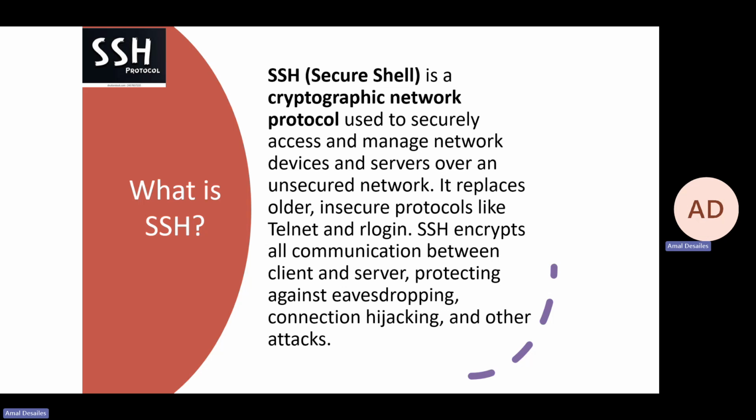In simple terms, it's like a secure door that lets administrators log into a system remotely, but with encryption, so no one can eavesdrop. SSH replaces older unsafe tools like Telnet or Rlogin that send data, including passwords, in plain text. By encrypting the communication, SSH protects against interception, hijacking, and data theft.